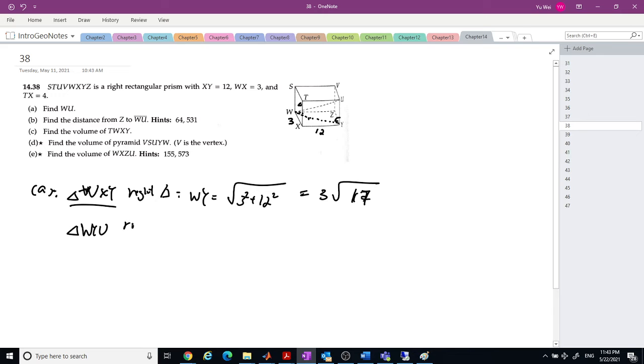Then WU squared is equal to the WY squared, 9 times 17, plus 4 squared, which is 16, right?